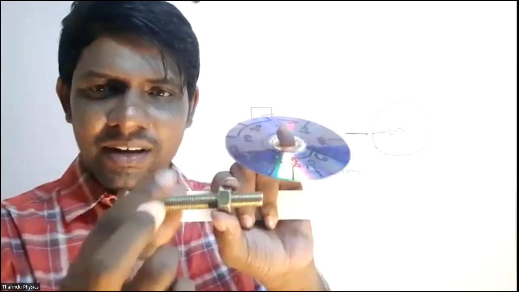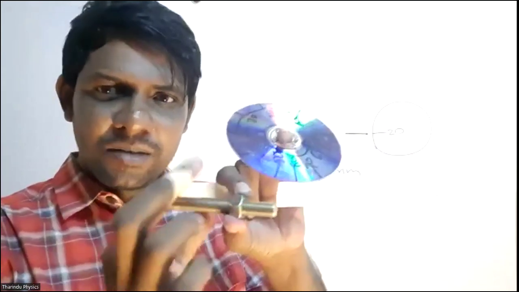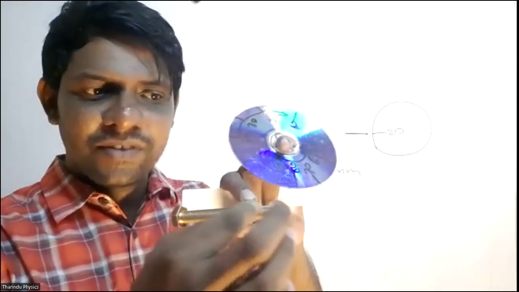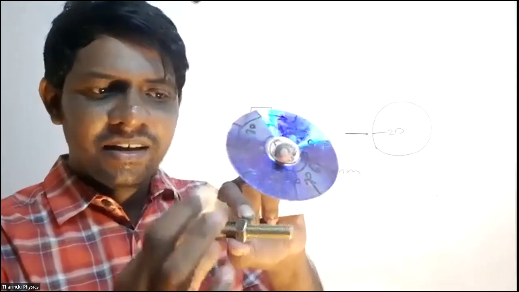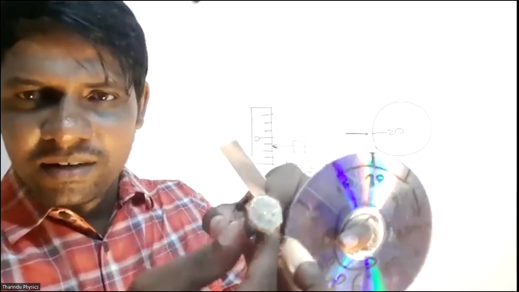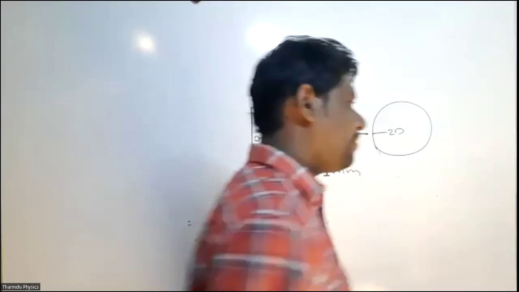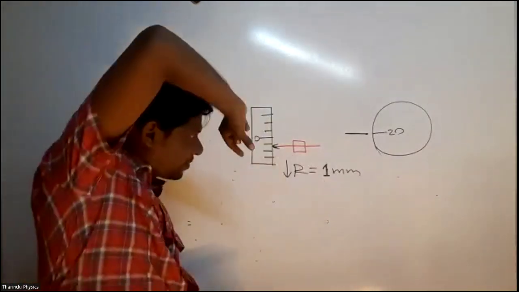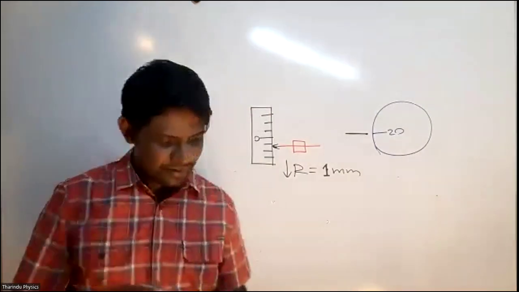I keep rotating it clockwise. Now you can see it is moving further down. So you can see the length of this part. If you want to take any reading below the zero line, you are rotating in the clockwise direction.